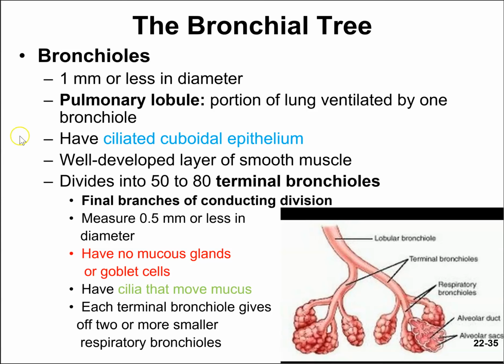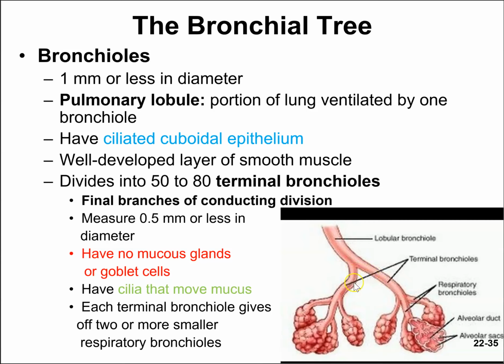So the bronchioles themselves are 1 millimeter or less in diameter, and the terminal ends are actually the alveolar sacs. The terminal bronchioles have no mucus glands or goblet cells, because the presence of mucus in this region would obstruct the airway, and might reduce the efficiency of gas exchange.